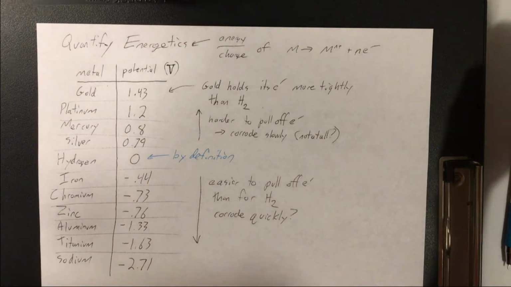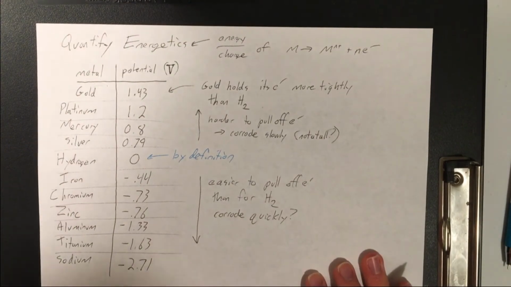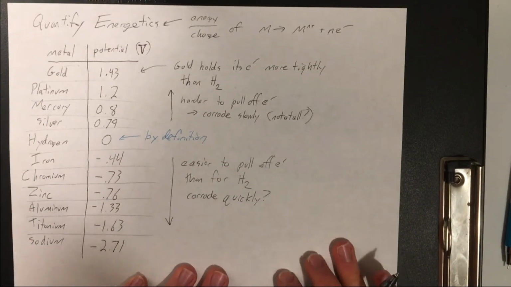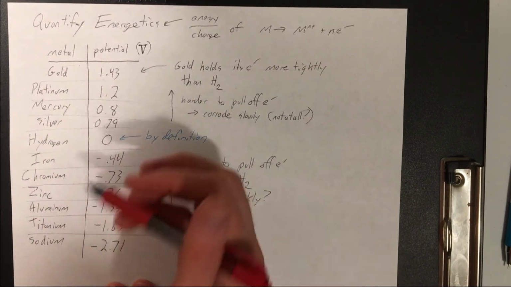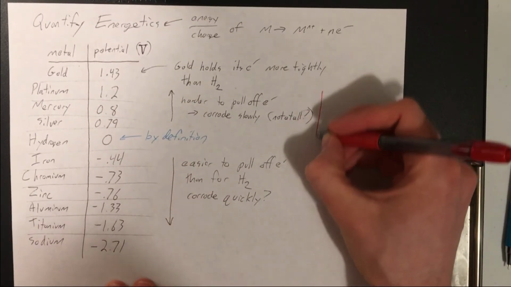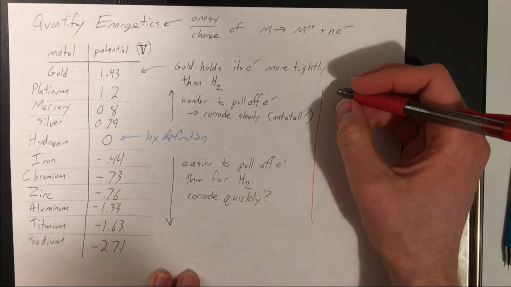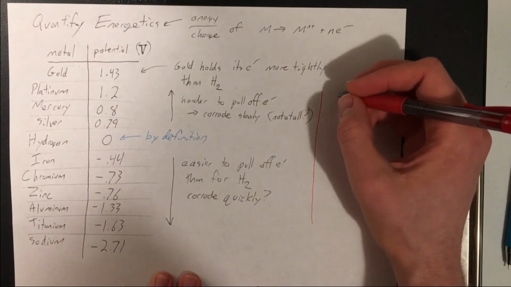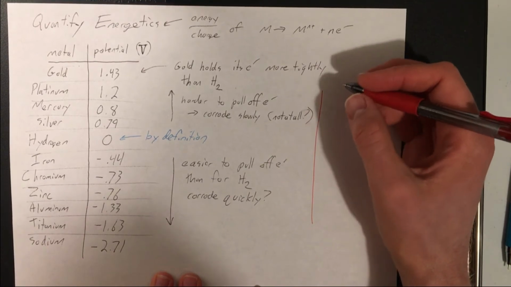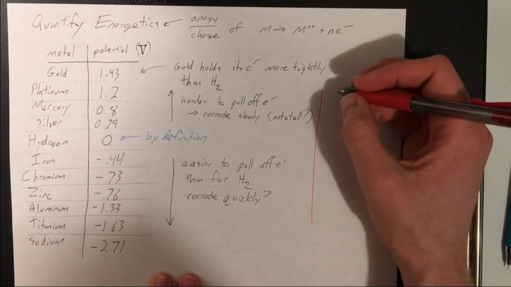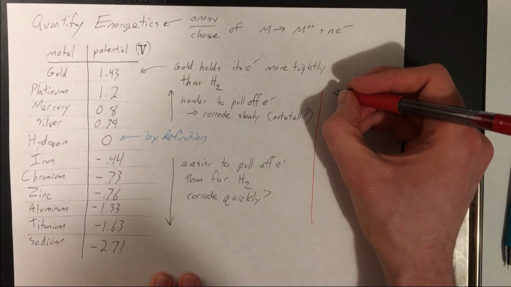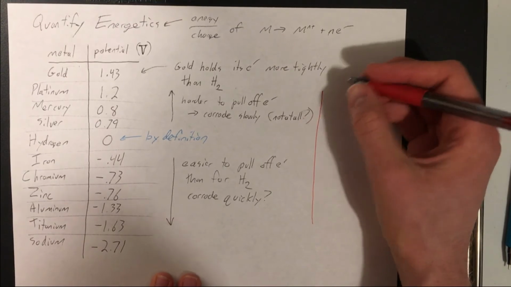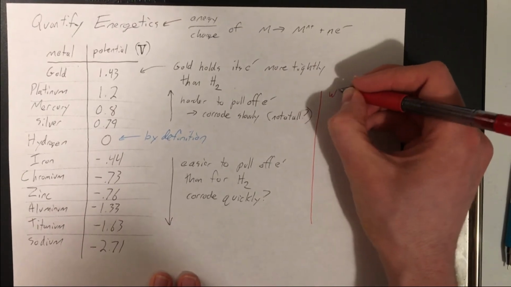And we might have seen that, but we're starting to see, hey, maybe there are exceptions. So from our experience, we might know that some of these seem to resist corrosion well.